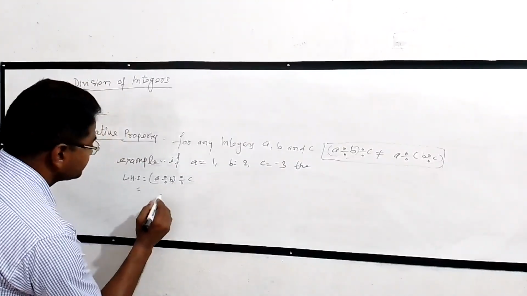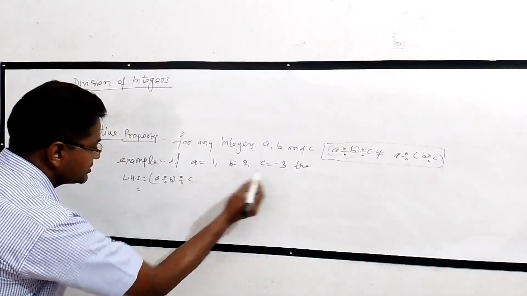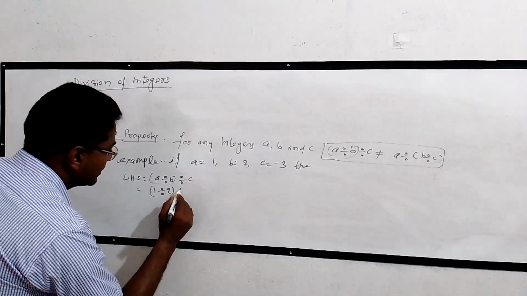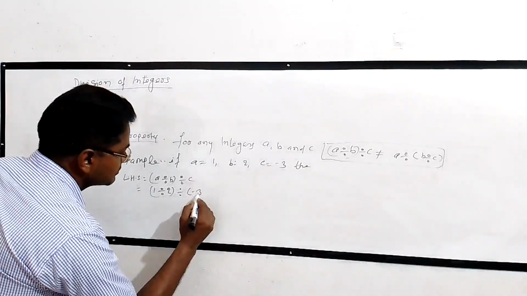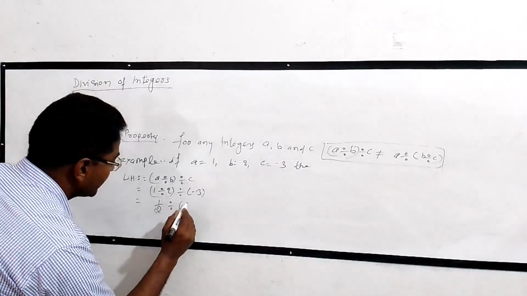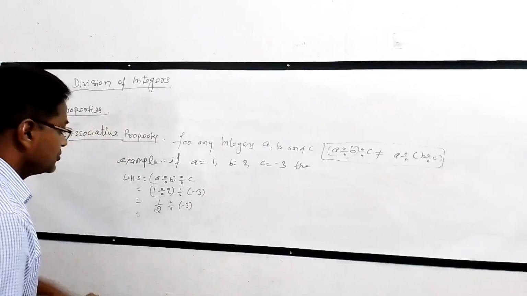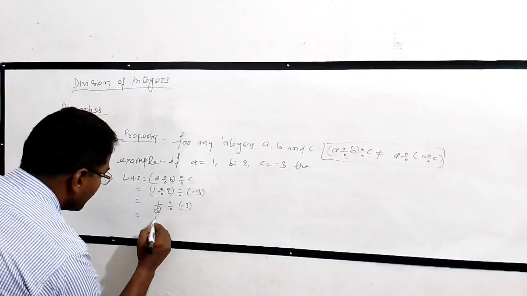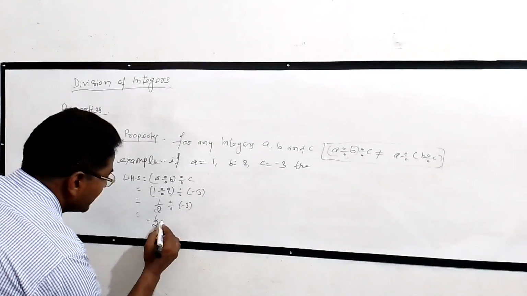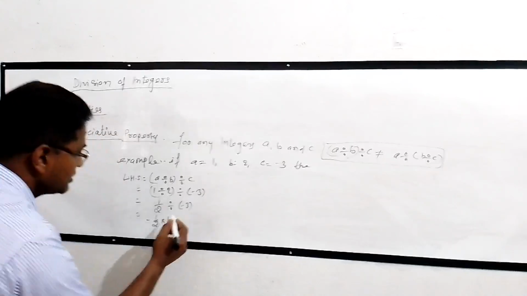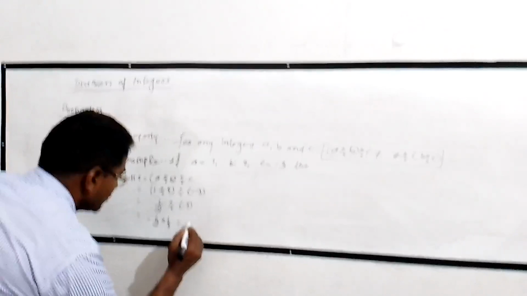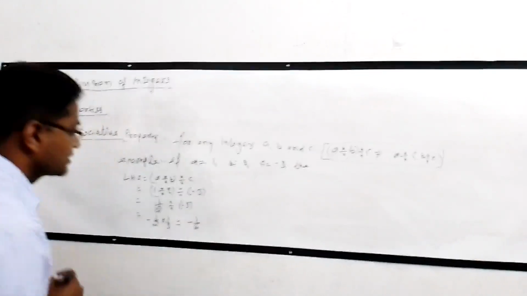Put the values of a, b and c: 1 divided by 2, divided by minus 3, you will get 1 by 2 divided by minus 3. You will get 1 by 2, put the minus in front, you will get 1 by 3, because when you divide it goes downside. You will get minus 1 by 6.